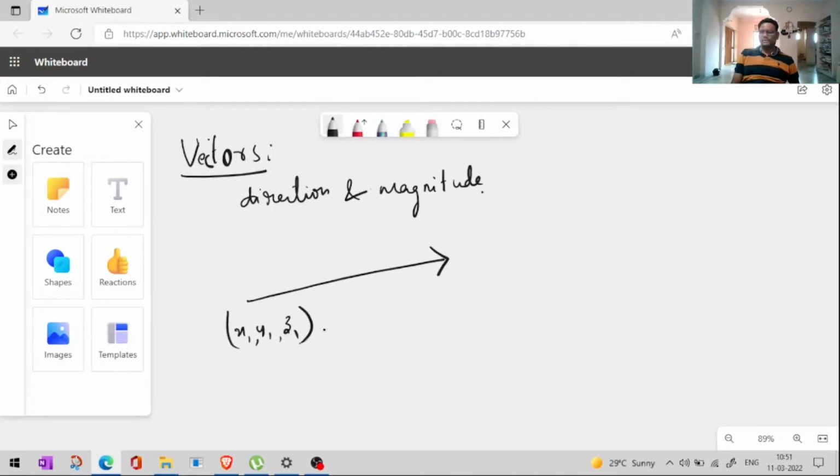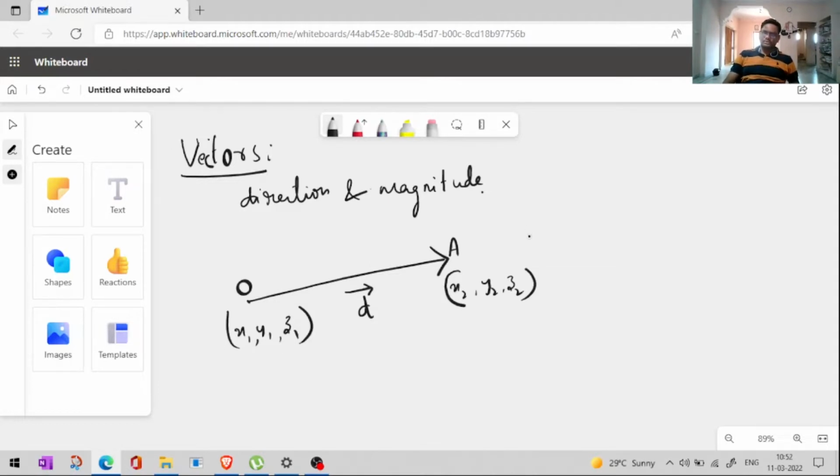Okay, x1, y1, z1 are the position coordinates of this particular point. Let me say this is O and this is A, where this is x2, y2, z2. The direction of this is generally represented as D. Okay, so this is a vector.